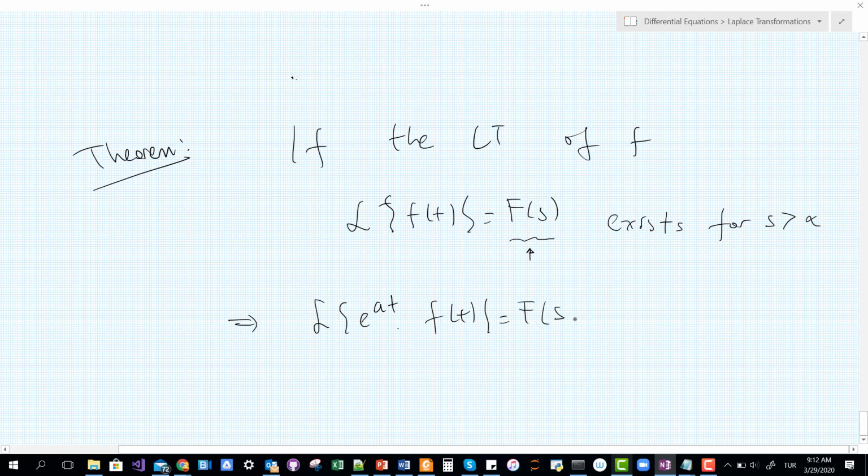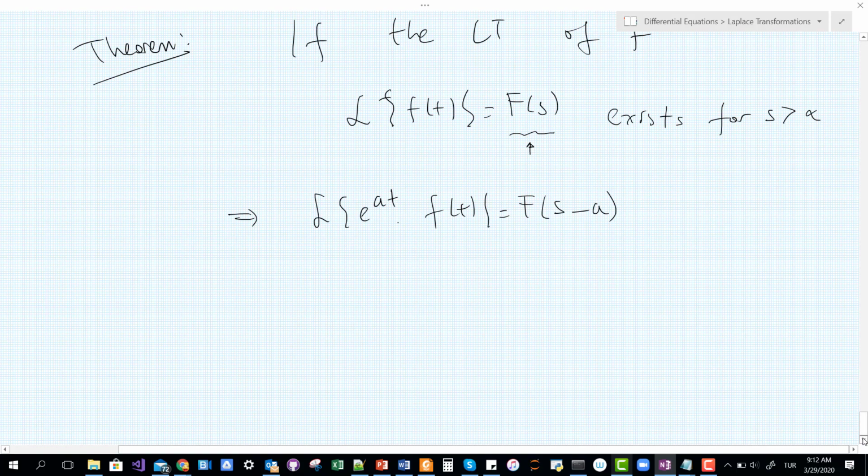You just need to shift your Laplace transformation by a. It is such a nice and simple feature, and I'm going to use it in some examples to learn how to use it. Basically, I have this extra exponential function, and I'm multiplying by f to get the Laplace of this new function.